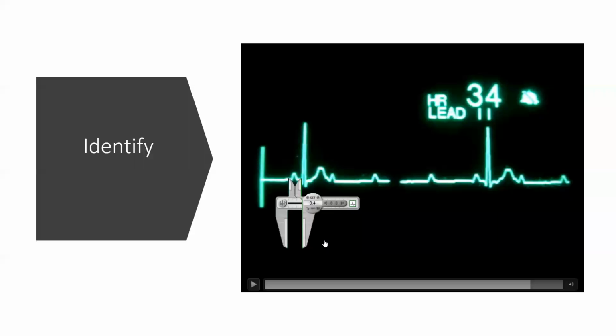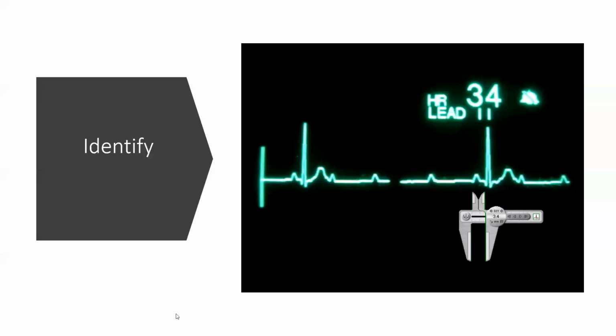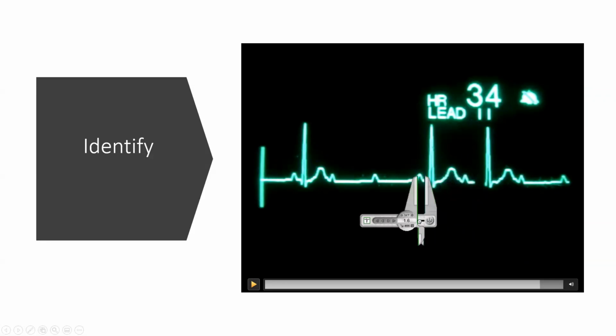This is the first PR interval. This is the second PR interval. And if we move the ECG, we're going to find out that the PR intervals remain the same.